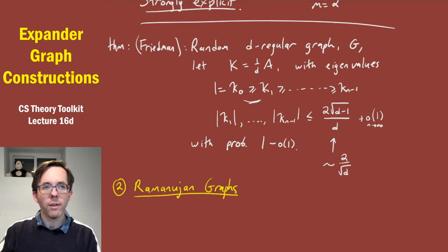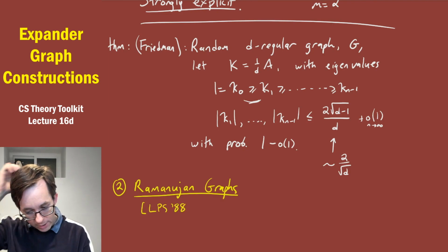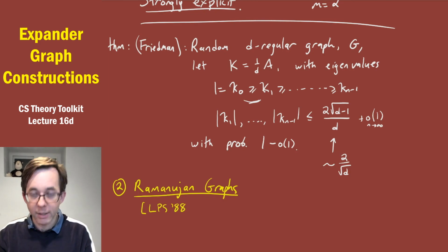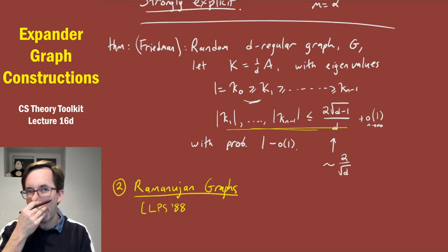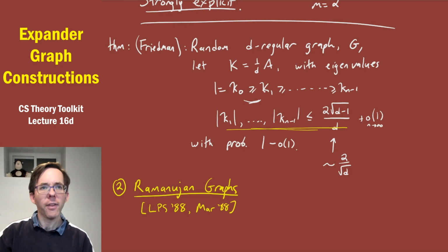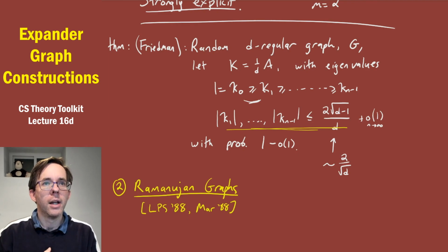It was fancifully named by Lubotsky, Phillips, and Sarnak in '88 when they constructed these graphs that are explicit expanders. Basically, they're explicit d-regular expanders that have exactly this eigenvalue property. They were constructed independently at the same time by Margulis, also in '88. And it's said that they were also implicitly constructed in the late 60s by Ihara.